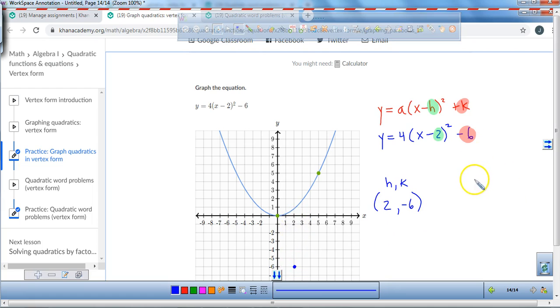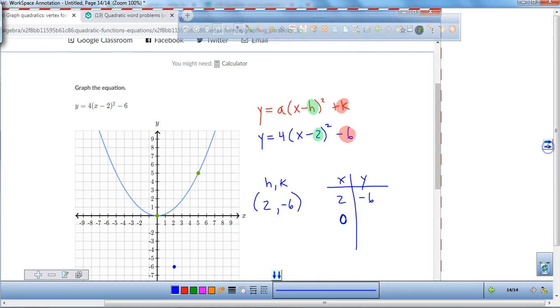Now, once we do that, we have to find one other point. Like I said, probably the easiest point for me to plug in to find an ordered pair for is 0. When we plug in a 2, we got a negative 6. Now let's just plug in a 0 and see what we get. So right here where the x value is, I'm going to plug in a 0.